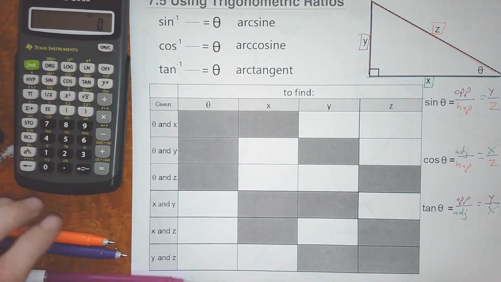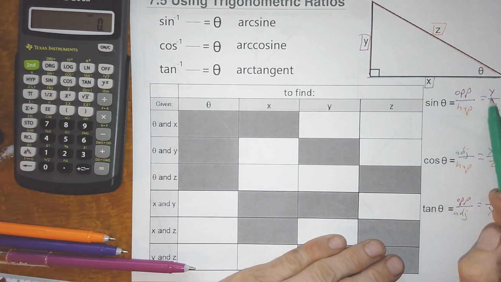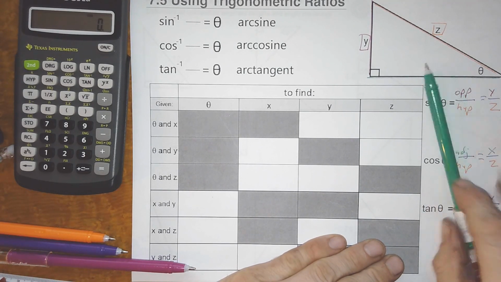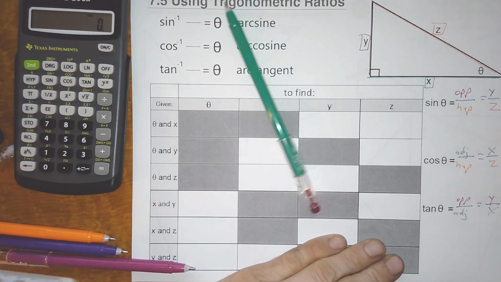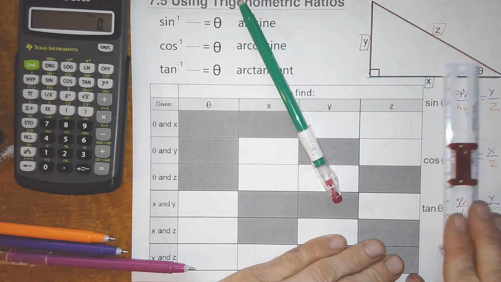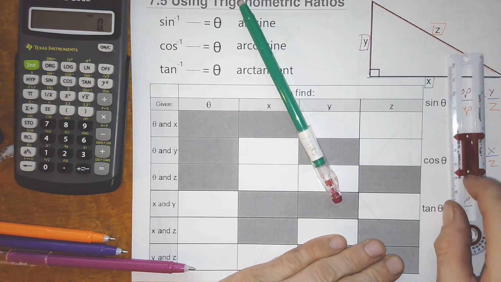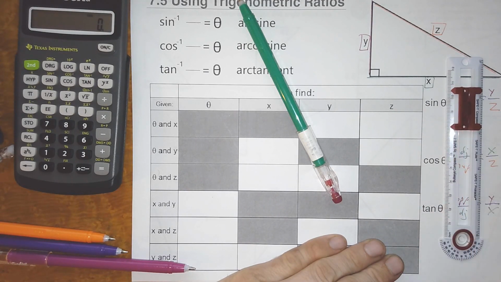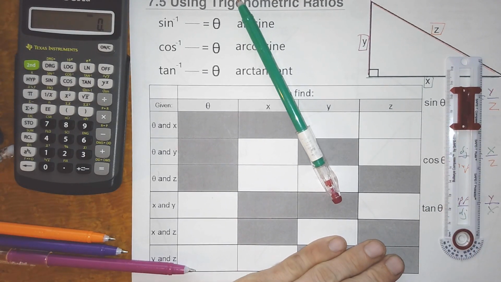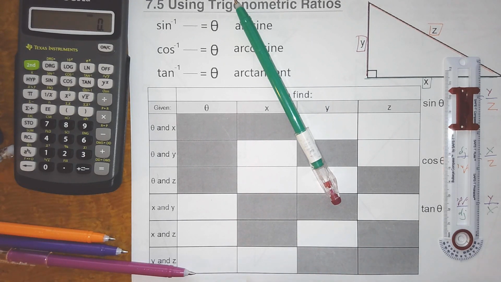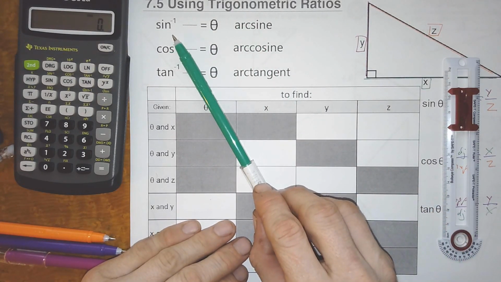Okay, so if we were going to ignore sine theta and solve for theta, we would just say that, and this is called the arc sine.